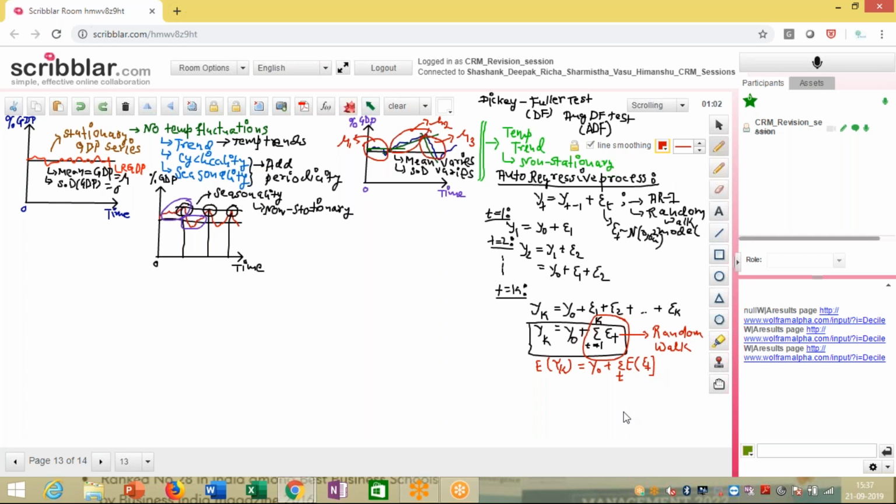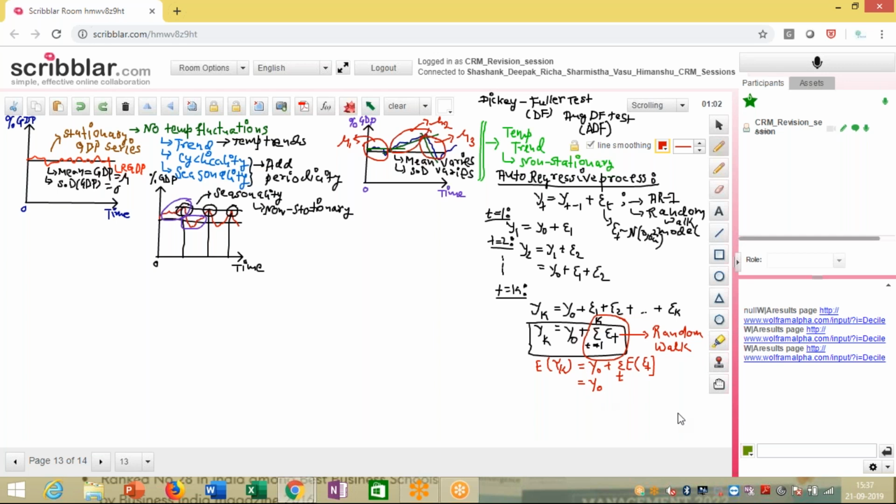Over here, the expectation of error is 0 because the mean of all the error terms is equal to 0. So the expected value is y0.